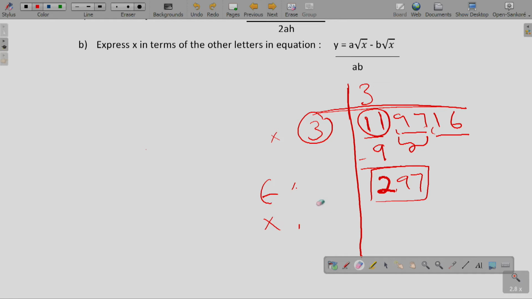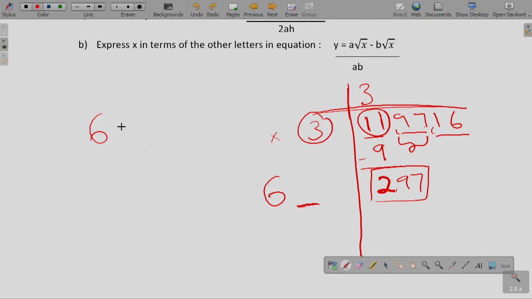So here I can put any number, but it should give an answer nearly equal to 297, multiplying by the same number.